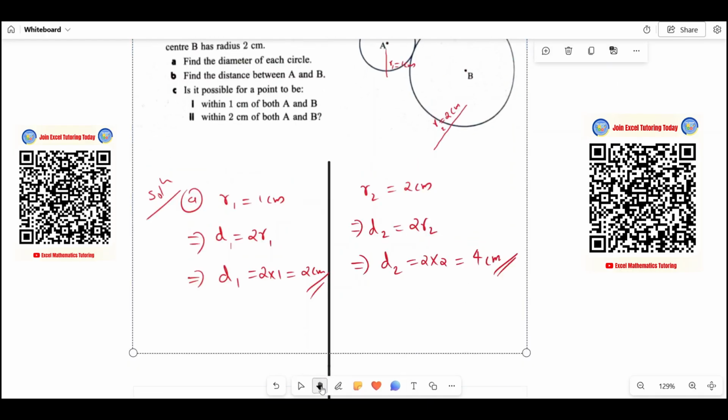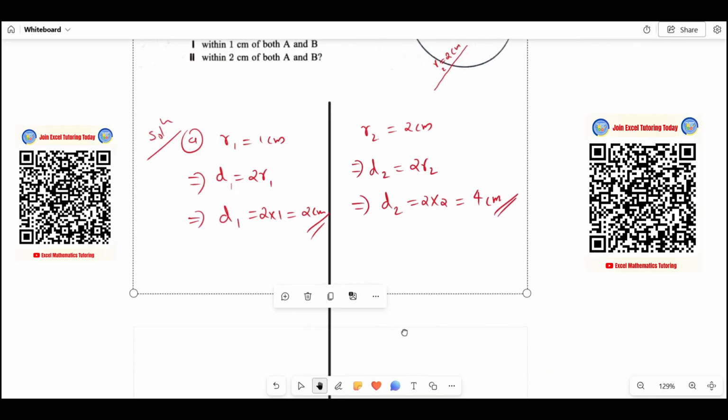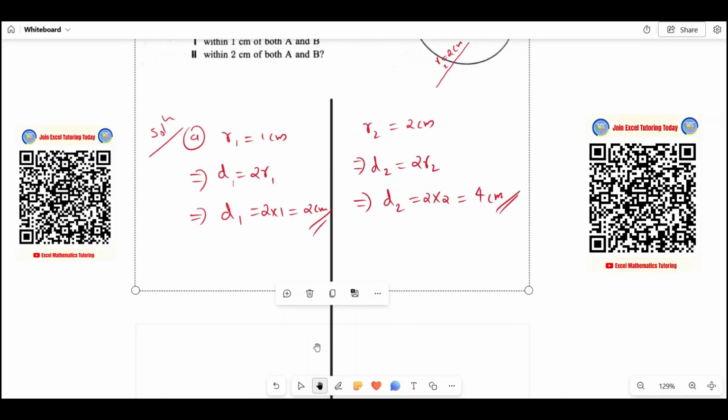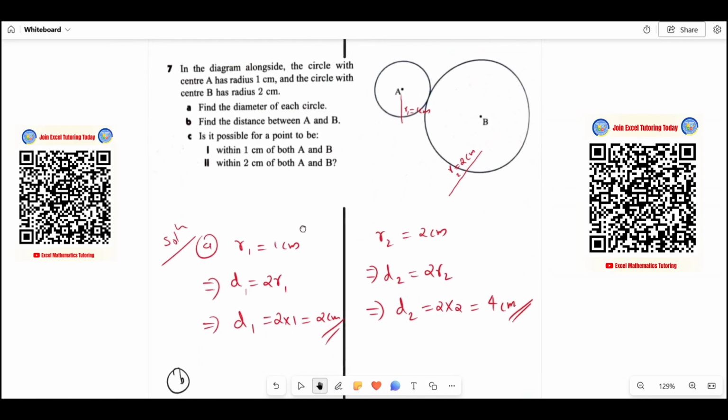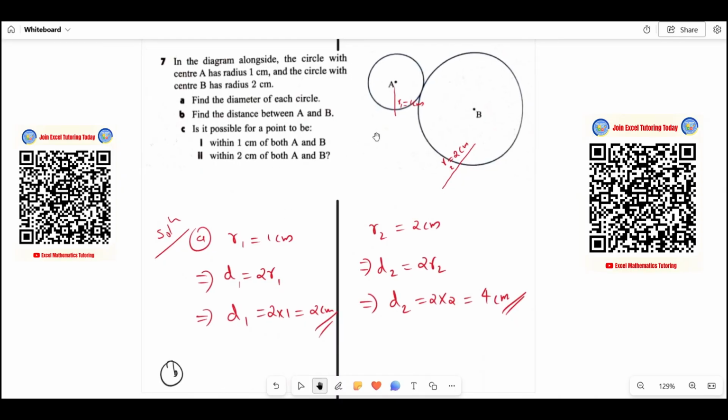Now moving to the next one, B. Question B says, find the distance between A and B. What will be the distance from A to B?